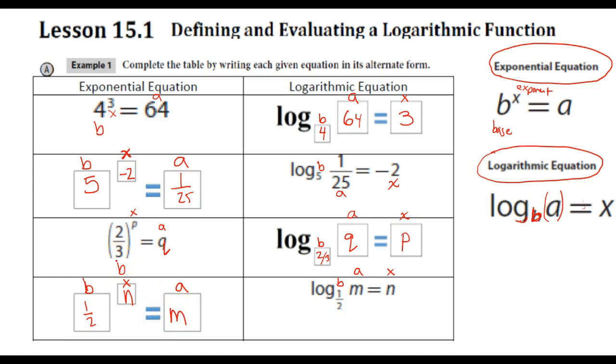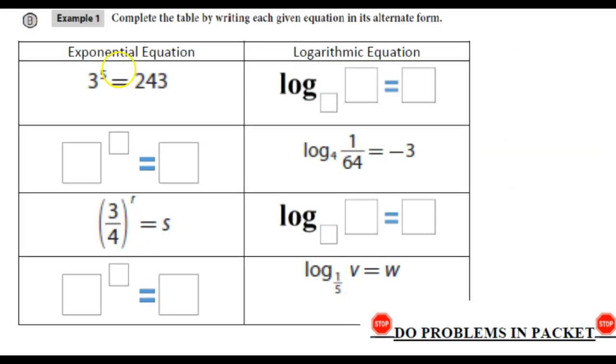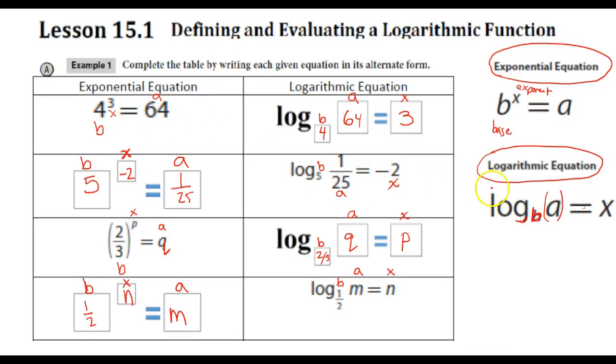Alright, let's try another one. This time, I do not put this here, but I will help you out in how we would write these in. Remember, that's b for base, right? Here's my exponent, and here's my a value, just like we saw here.